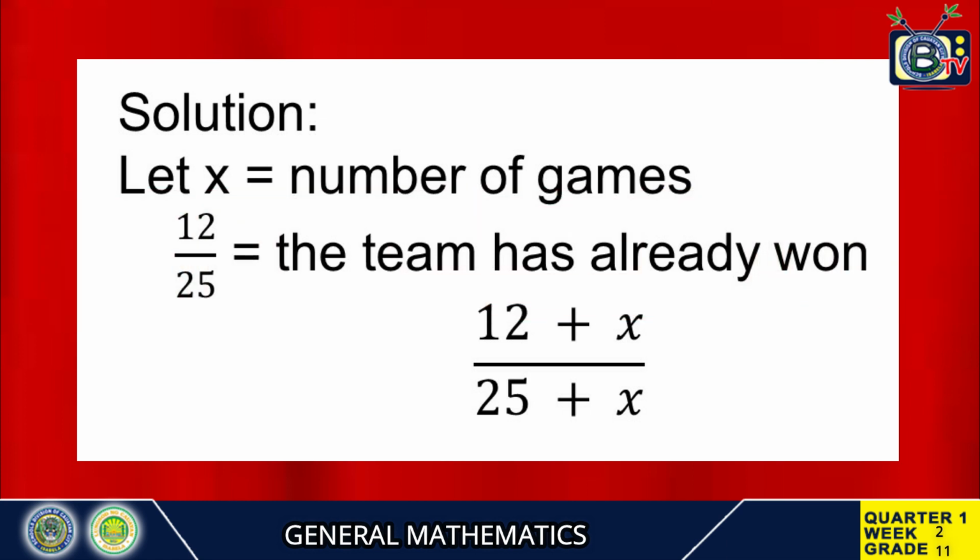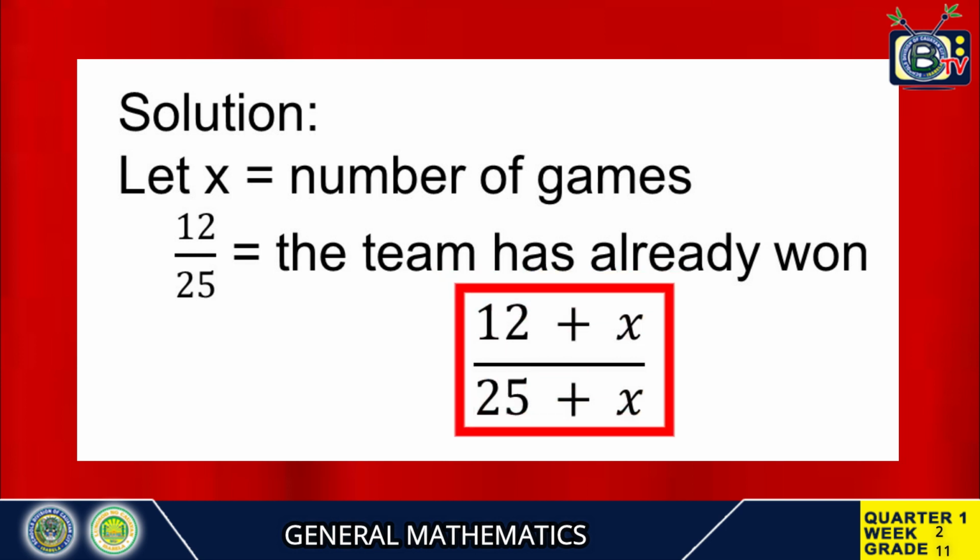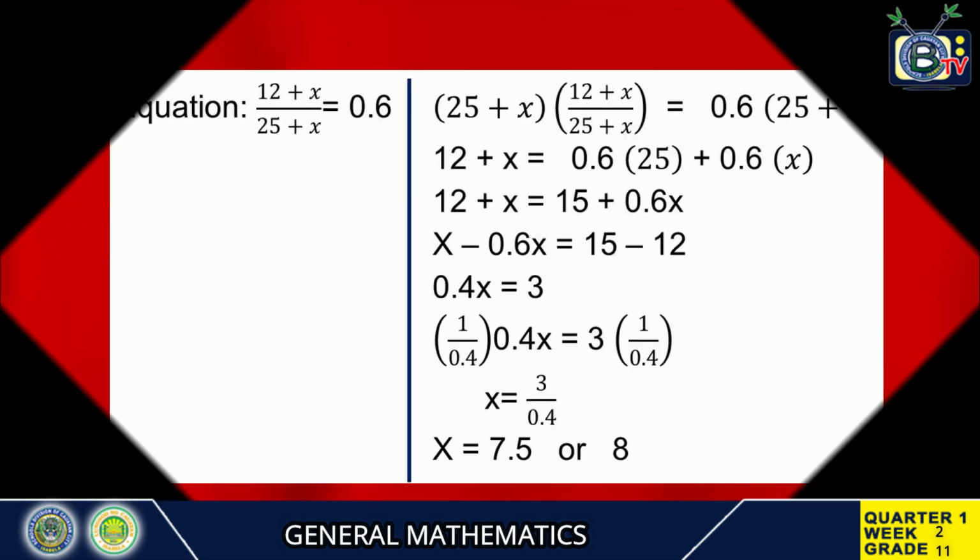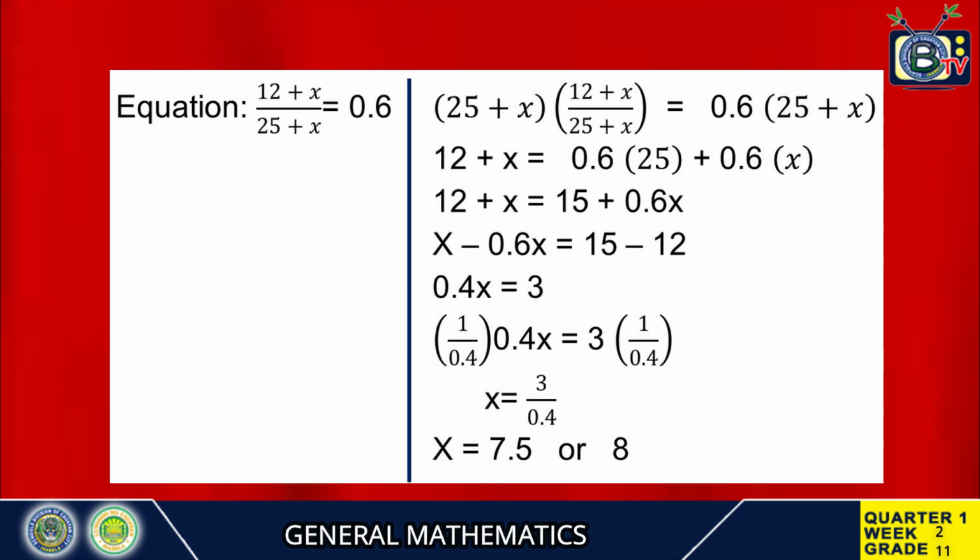If they win x games in a row to increase their percentage to 60%, then they will have won 12 plus x games out of their 25 plus x games. The equation is 12 plus x over 25 plus x is equal to 0.6.